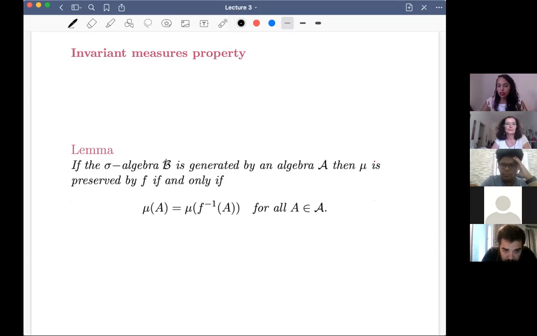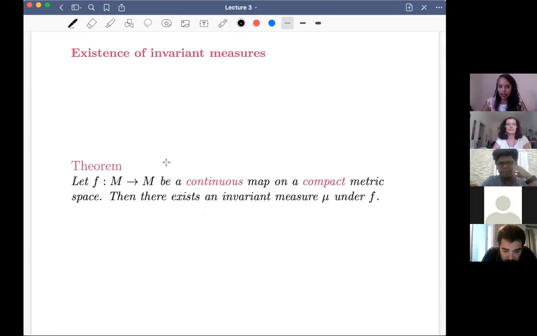Okay, so a good property that we can use: there are two ways of thinking. You have your map defined already, and then you want to know whether there is an invariant measure related to it. That's what the theorem of existence of invariant measure says: yes, there is. But you could also have your map and have a measure already that you want to use to analyze your system, and you would like to check if this measure is invariant or not.